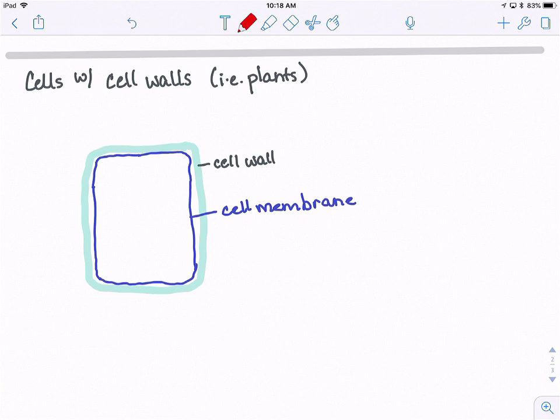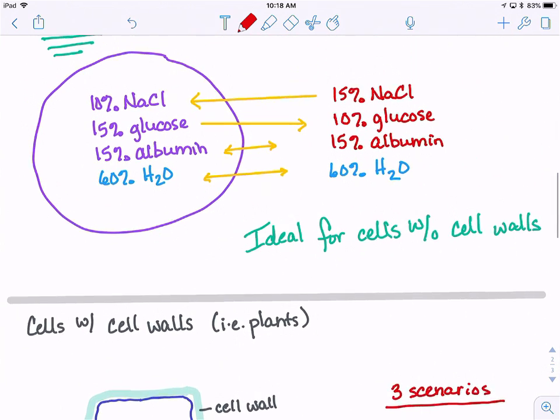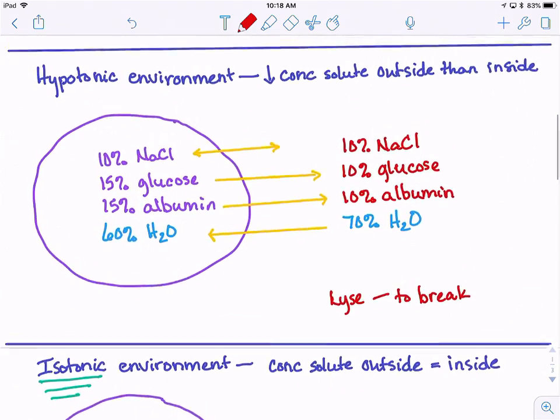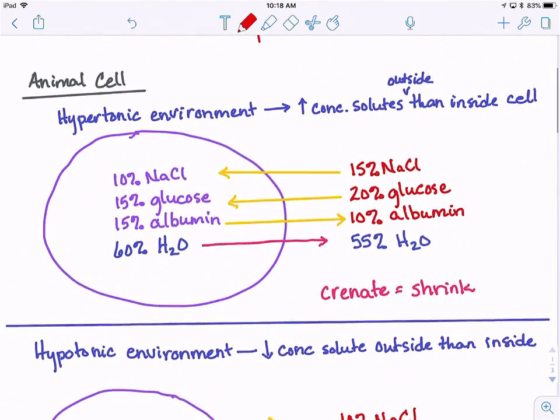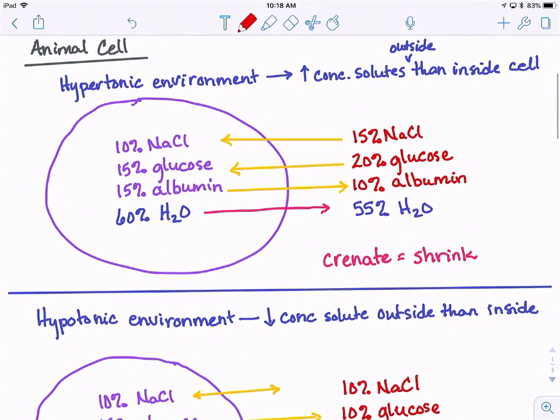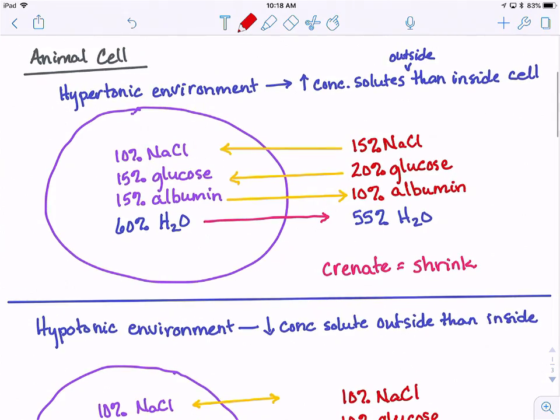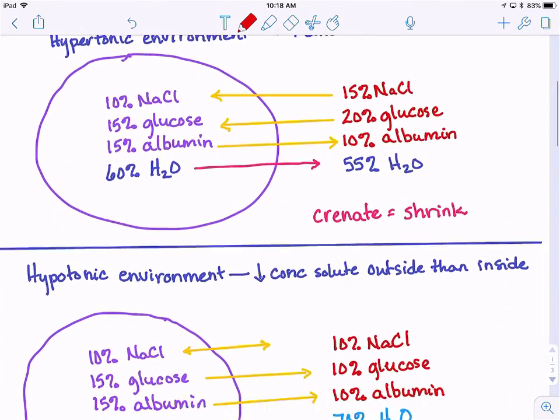So we had our three scenarios. Let's recap what happened in each of those scenarios, and then we'll take a look at how that affects this cell with the cell wall. If I go back up here, in hypertonic, the animal cell shrunk, it crenated.